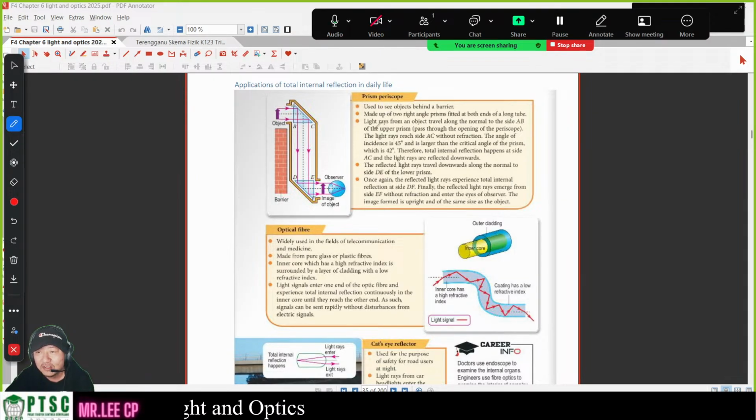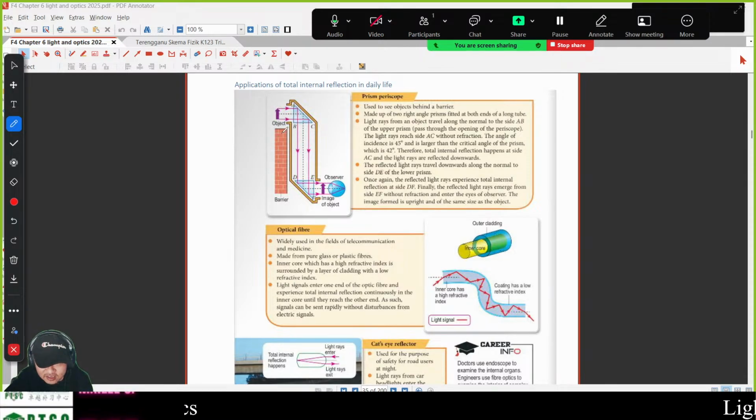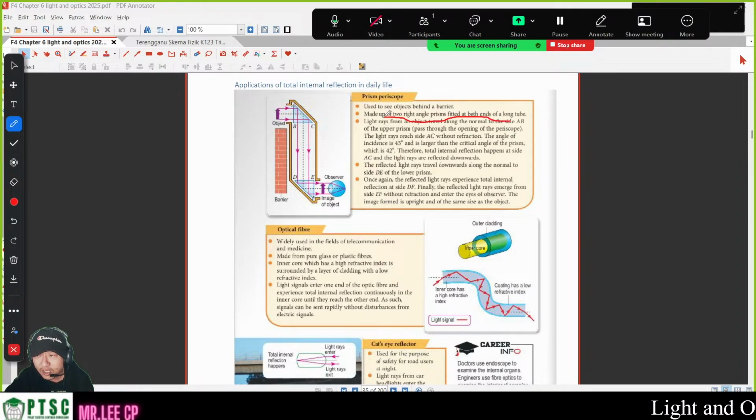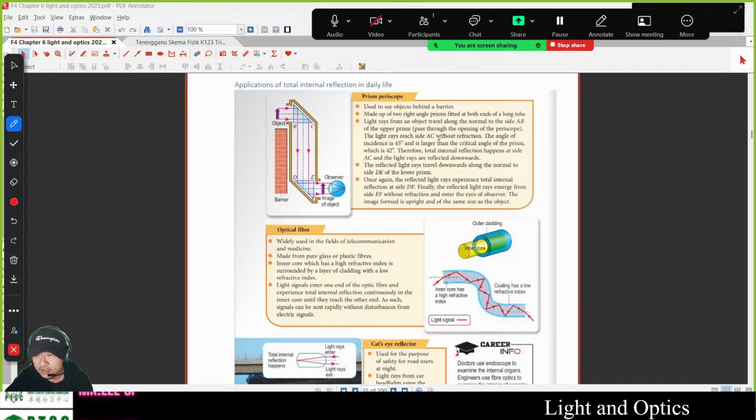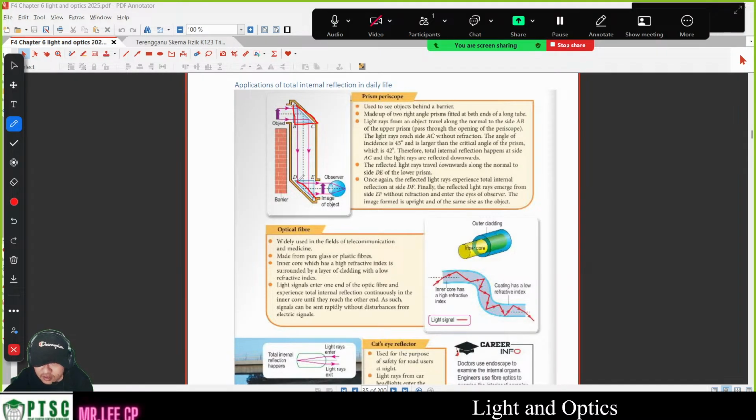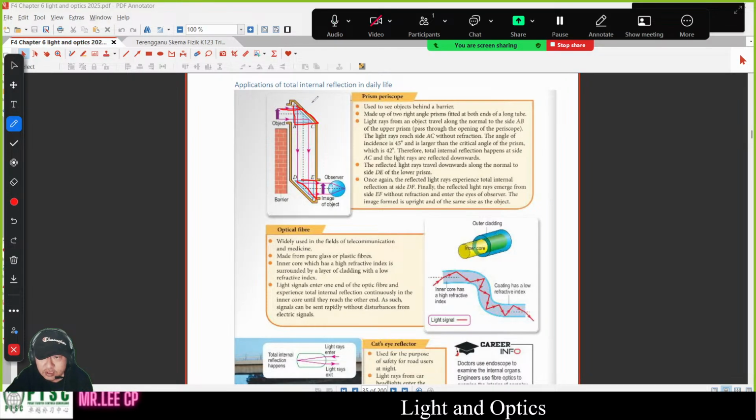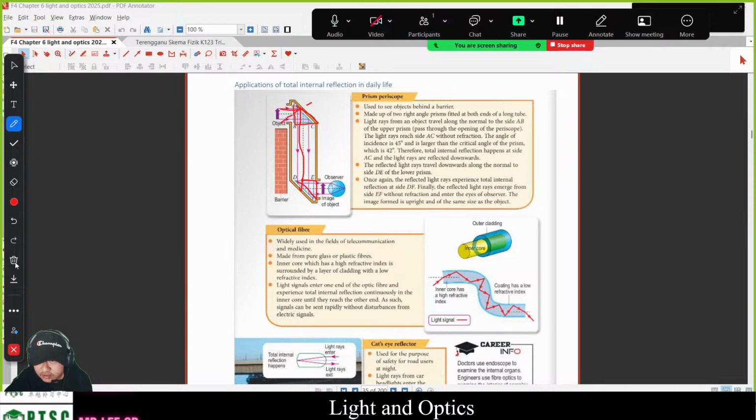So you can use a periscope to see objects behind a barrier. Alright, if something is blocked, then this is a barrier. Right, you can see what is at the back. It is made up of two right-angle prisms at both ends of a long tube. Here it is a prism. Here it is a prism. Right? This is your object. The light travels to here. Now this is the normal line. It will not go straight. Total internal reflection occurs so that it will go down.